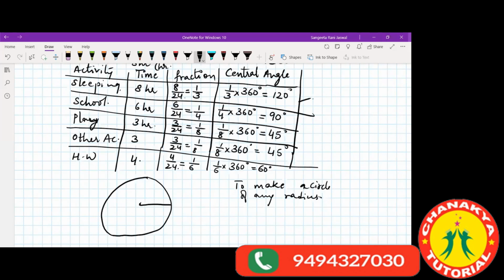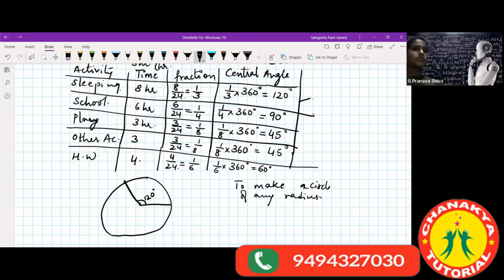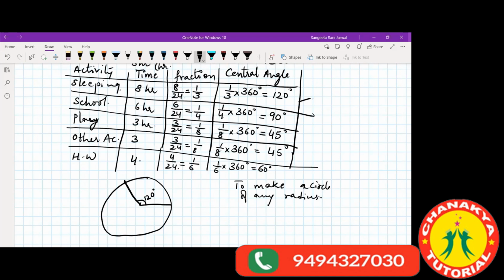So 120 degrees, an obtuse angle, will be somewhere like this here, right? So this you get as 120 degrees. Are you understanding? Yes, ma'am. You just keep the protractor and mark a 120 degree angle. You know how to take a 120 degree angle with the protractor? Everyone knows?